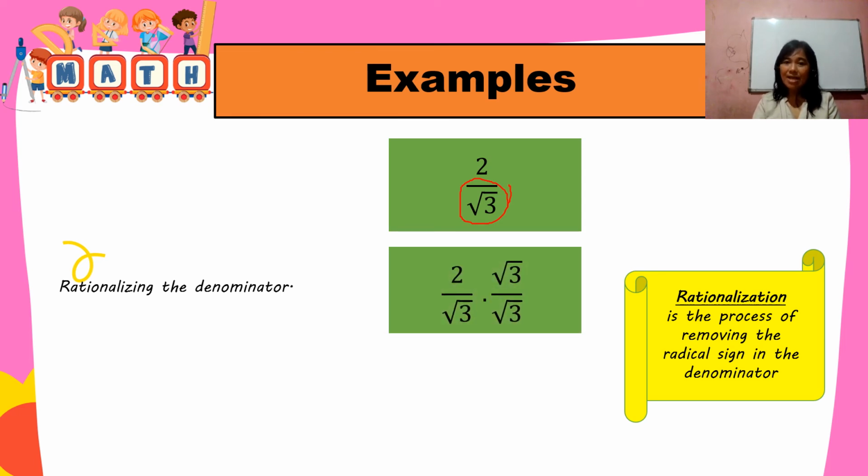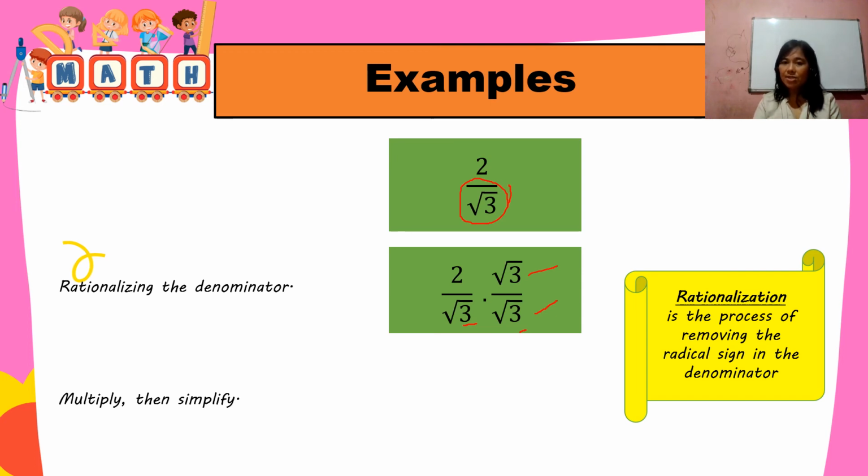So, here, yan. Multiply natin sa numerator, tsaka sa denominator. Bakit 3? Kasi pag nag-multiply tayo, 3 times 3, 9. 9, the square root of 9, I mean, is 3. So, tanggal. Matatanggal siya. So, pero, perform ka muna ng operation. So, 2 times square root of 3, hindi yan 6 ha. Careful, hindi yan 6.